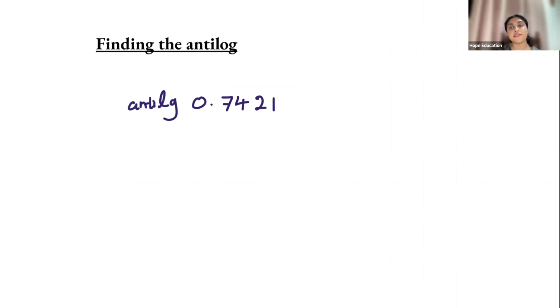Anti-log of 0.7421. Quickly read and tell me. 8706 වෙන්න බෑ.